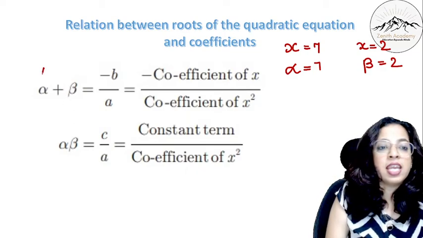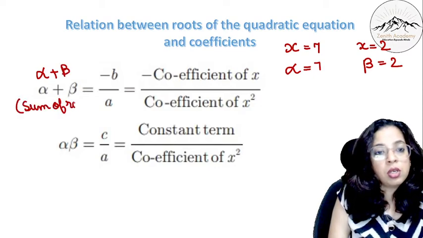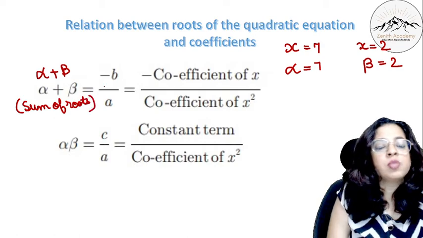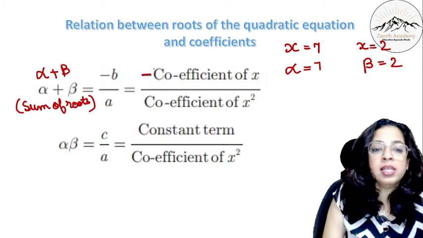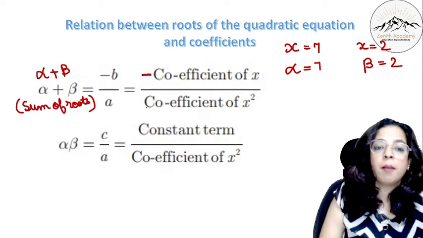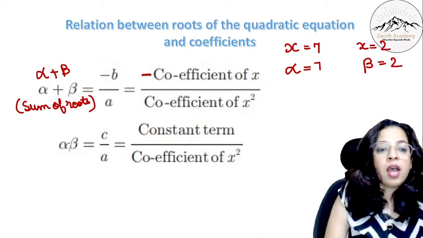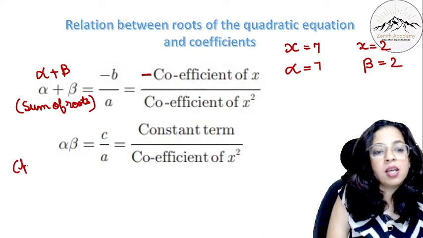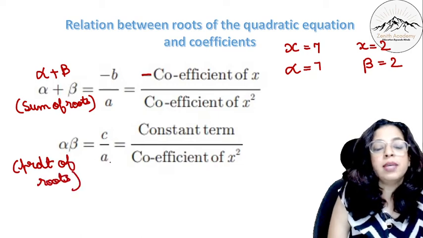So I can say alpha plus beta, that is, the sum of roots, will always be equal to minus b by a. That is minus the coefficient of x by the coefficient of x square. Now alpha into beta, that is the product of roots, is always equal to c by a.